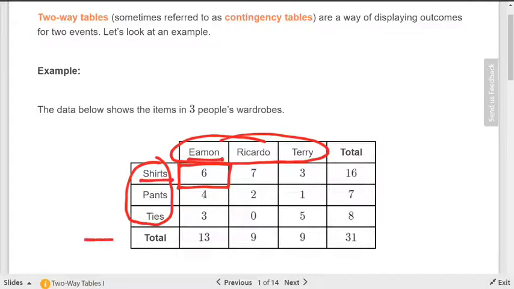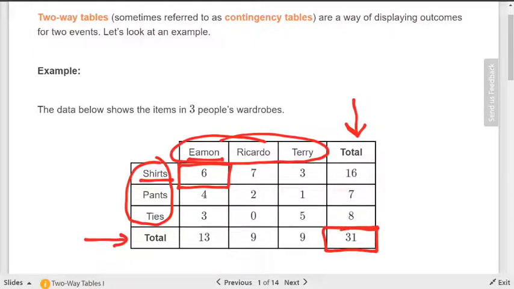What I want to point out to you are these two. Every two-way table should include totals going across and totals going up and down. And this one is particularly important for us in probability because that's the total of what? Everything. Okay? It's the total of the totals.